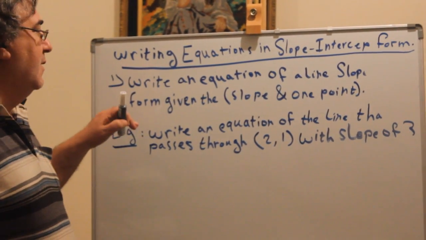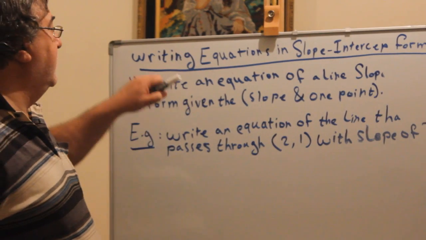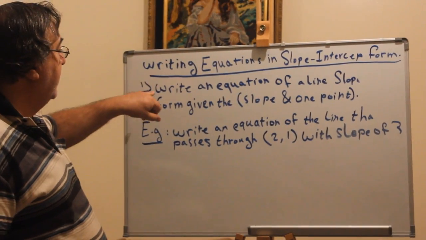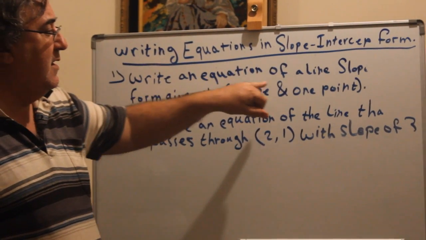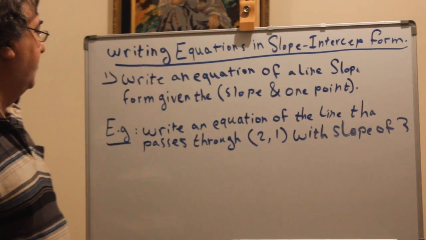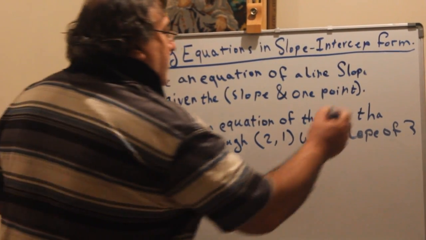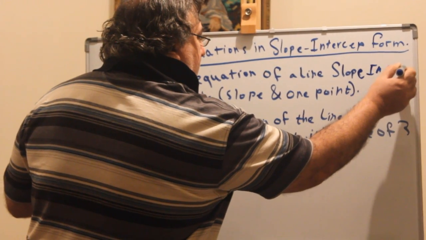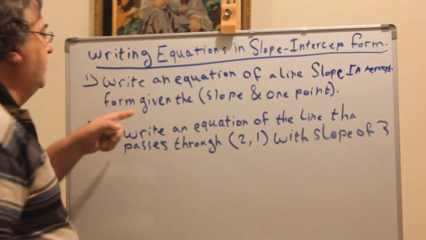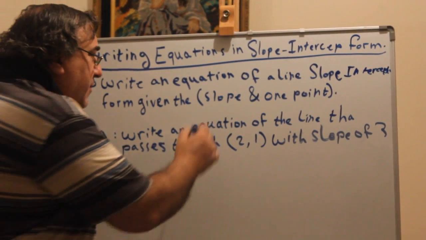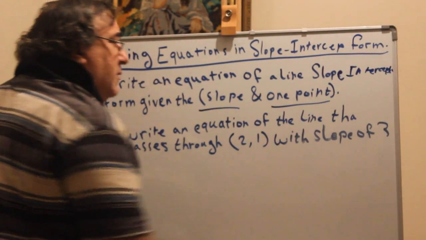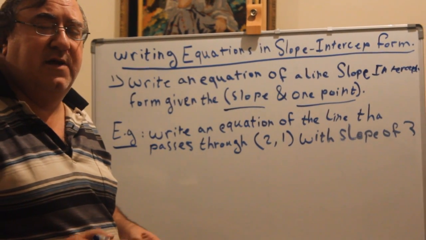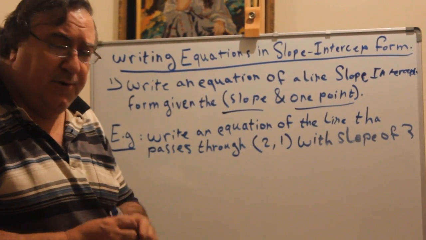Now, we have two ways of writing equation in slope-intercept. First one is to write an equation of a line in slope-intercept form, given the slope and 1 point. 1 point means the x and the y coordinates of that point.